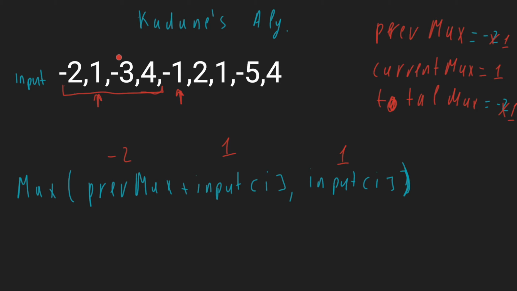All these numbers have been negative, but since our input is like 19 or 20, then we are taking our input as the max element.